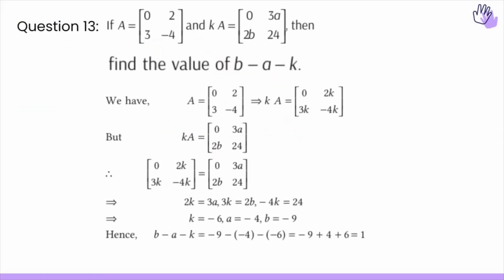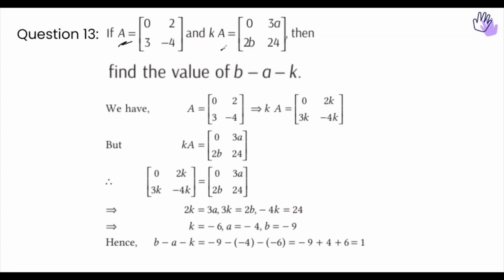So two matrices have been given. A is equal to [0 2; 3 -4], and K times A is equal to [0 3A; 2B 24]. Then find the value of B minus A minus K. That is the question. Now, if you carefully observe, this is the A matrix and this is the KA matrix.